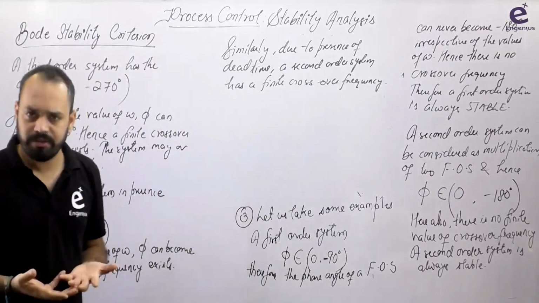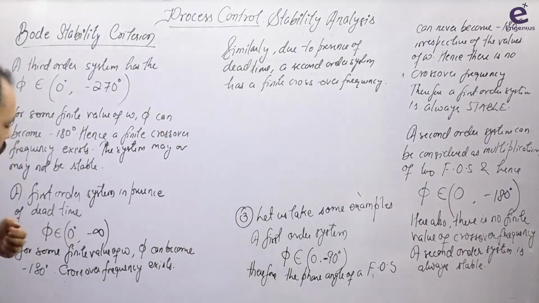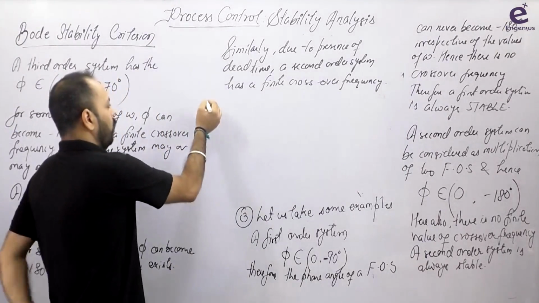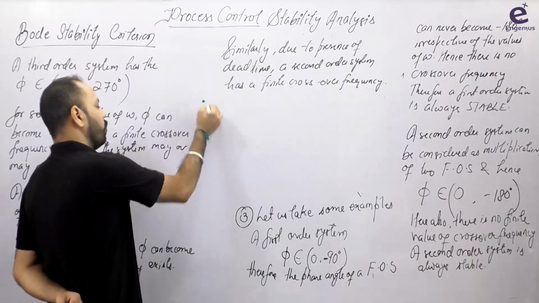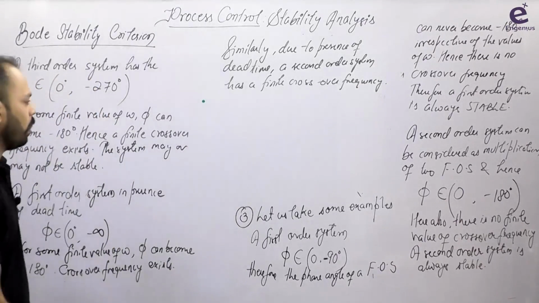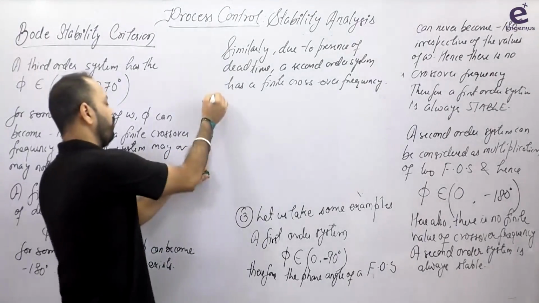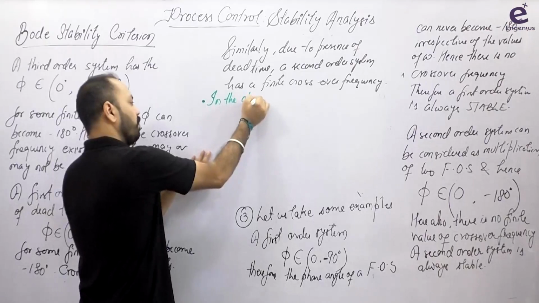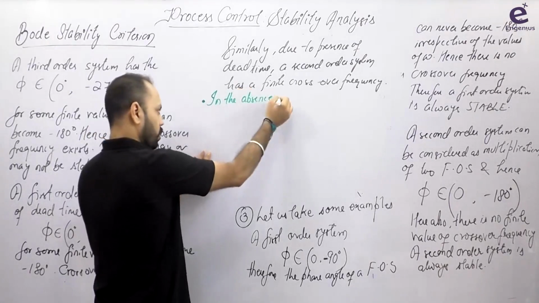So what you are observing, can I write a line here? A very important, very good line. I find this line very good, written in Stephanopoulos. In the absence of dead time, for a system to be unstable. So what a good question this has become.